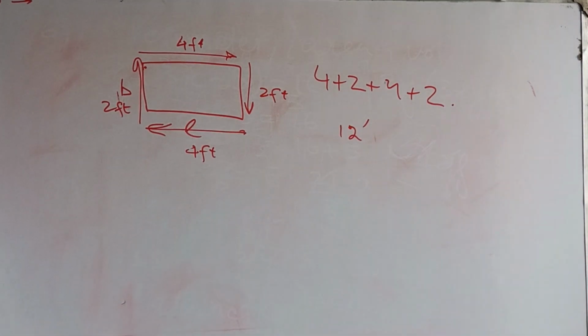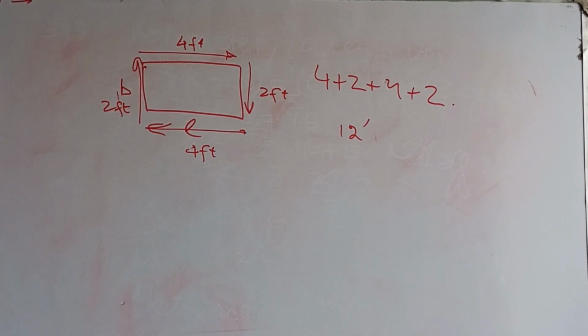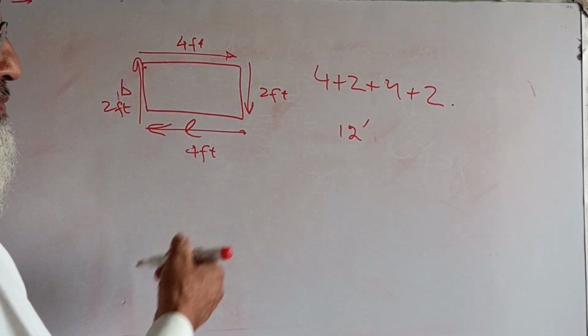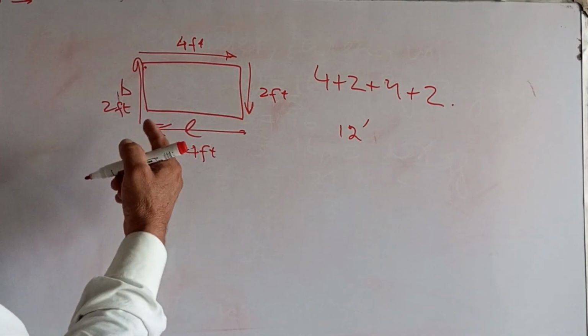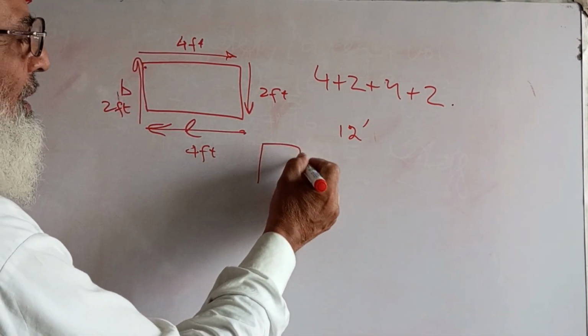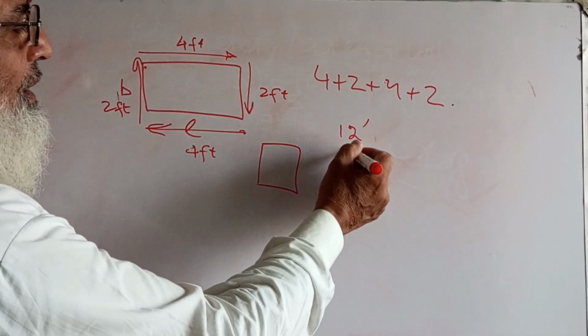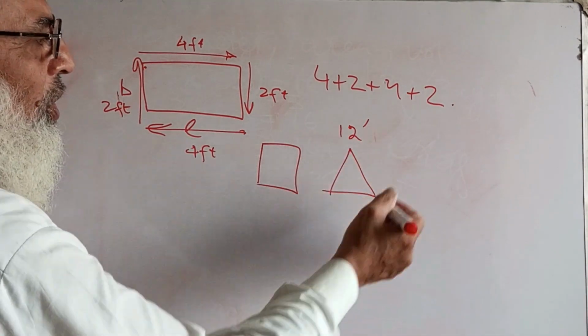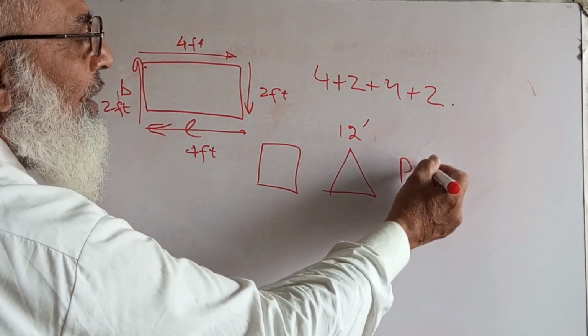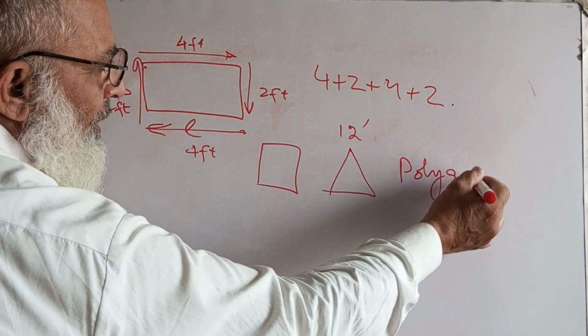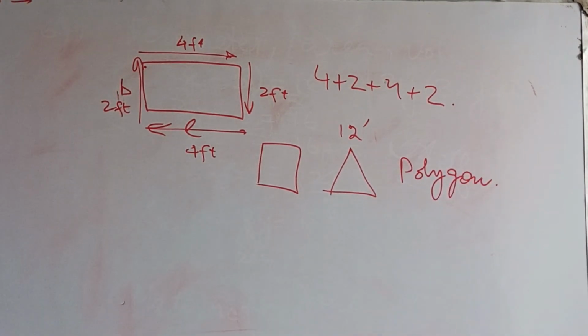Perimeter can be taken with any geometrical figure or any area or any land, whatsoever it is. So, for example, this was the rectangle. It can be taken in a square, it can be taken in a triangle, or any polygon. I know you know about polygons.